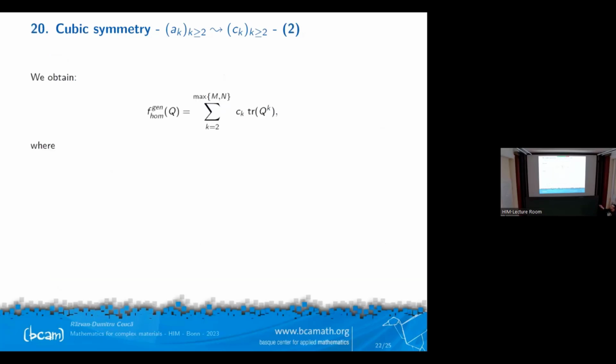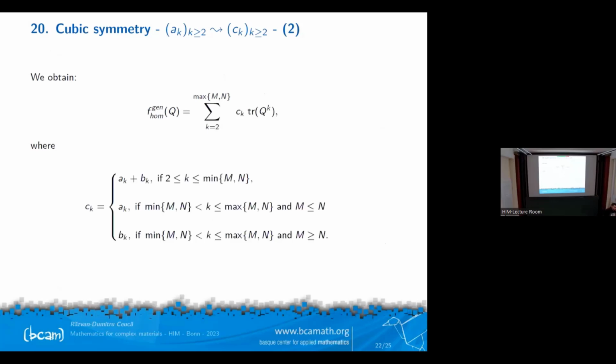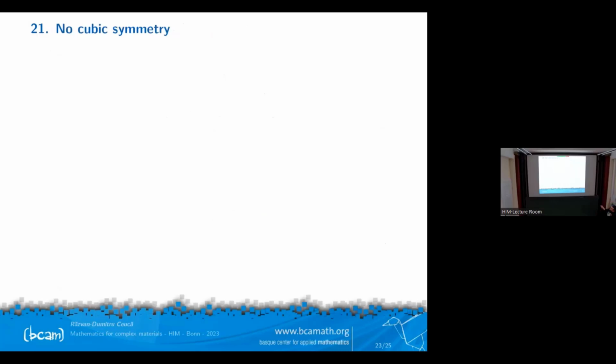In this case, you get the homogenized effect in the same format as the initial bulk energy we have chosen. So if you choose a polynomial, you end up with a polynomial. But the interesting case that I like is the one in which we have no cubic symmetry.